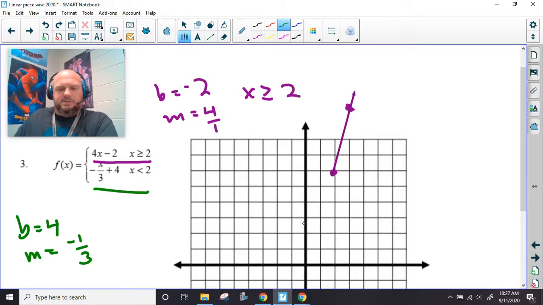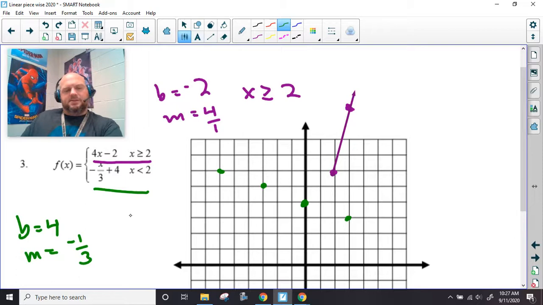So 1, 2, 3, and 4. All right, so I'm going to go 1, 2, 3, down 1. Then I'm going to go 1, 2, 3 this way, 1, 2, 3 this way. I know I just contradicted myself, but I don't care.